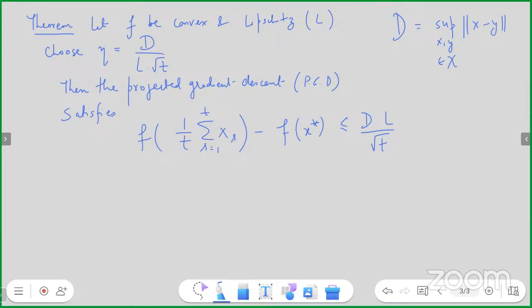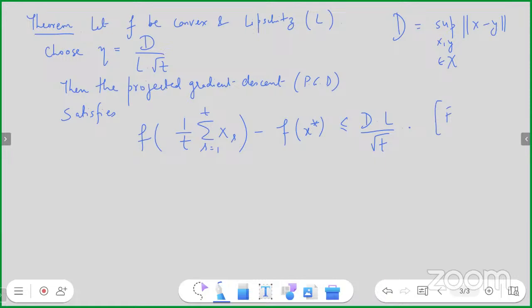All right, so notice what is going on here. In t iterations, what I'm claiming is that if you take the average of the iterates, I'm not saying x_t, this point is feasible. Is that okay for everybody? Each point is feasible. Projected gradient descent ensures that every point is feasible, so the average is feasible. The distance between the average and the optimum is falling as 1 by square root t.